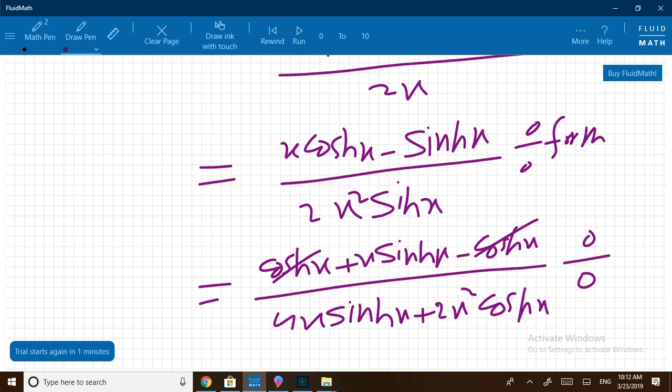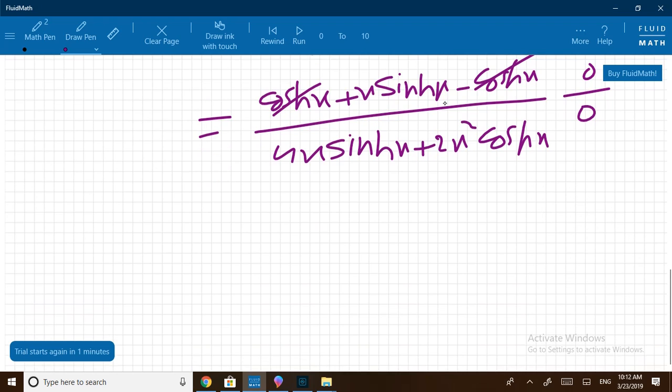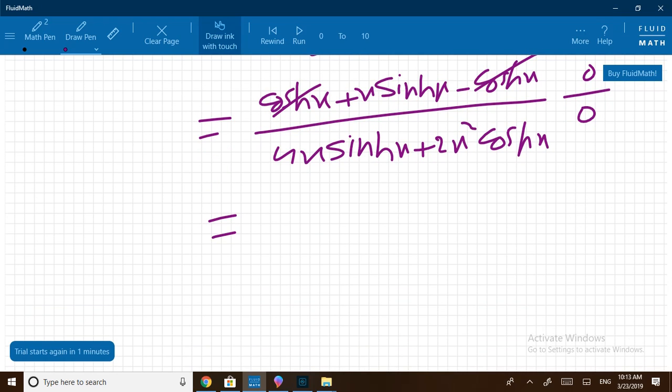Approximately all the questions have been done by me, and you will do a little more, not much more. Okay, again 0 divided by 0 form, so apply the L'Hopital rule, and the derivative of x is 1.